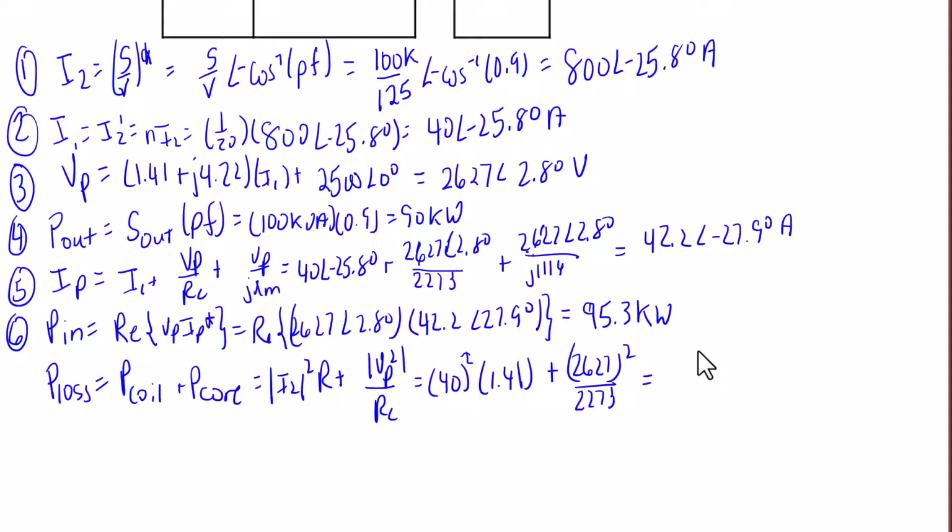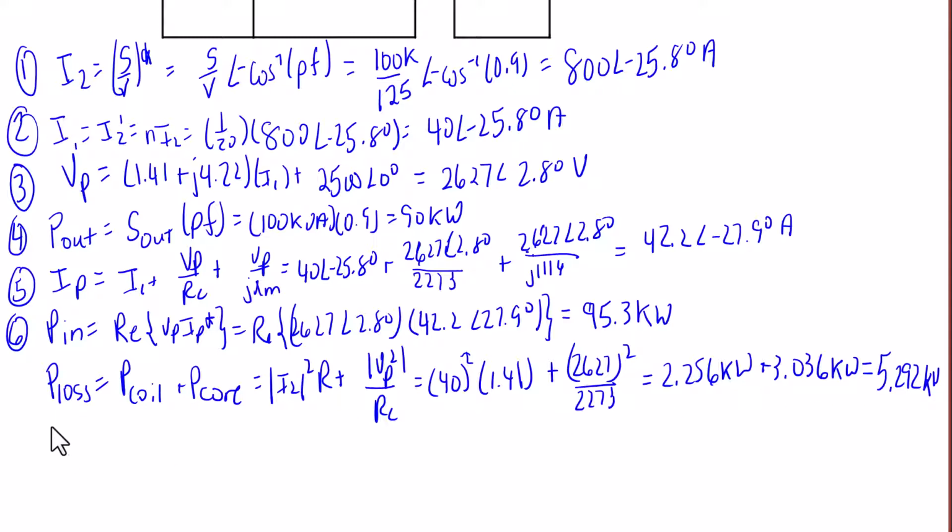So that means that P coil is 2.256 kilowatts and P core is 3.036 kilowatts, and the total loss is 5.292 kilowatts.